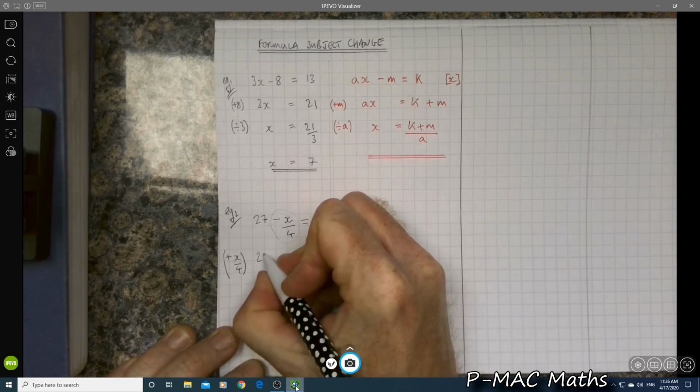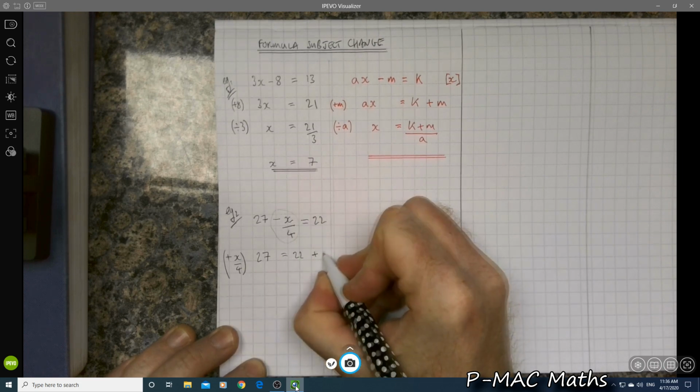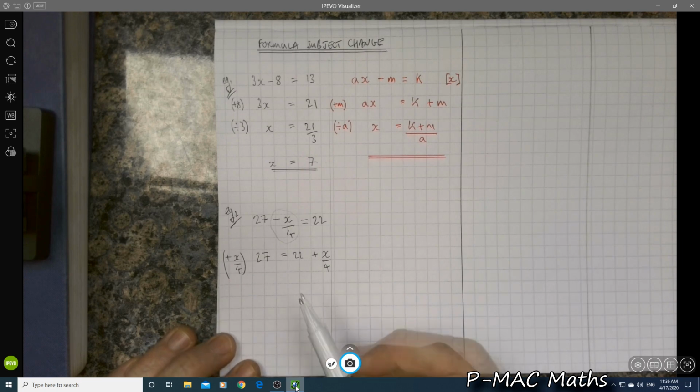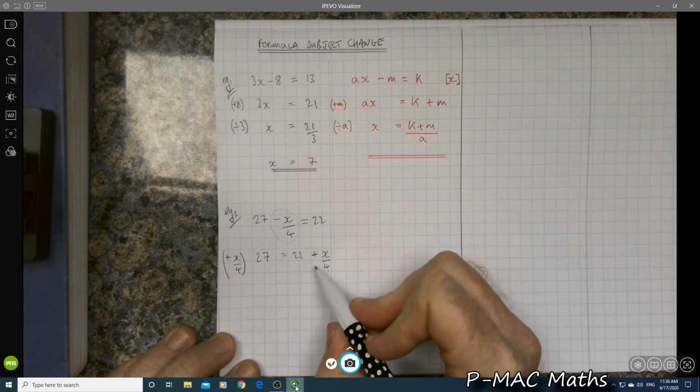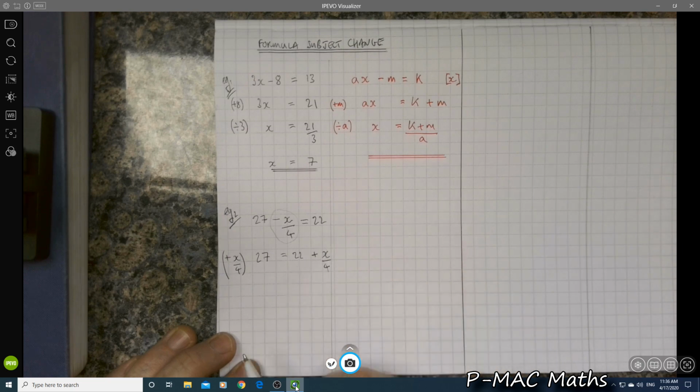So I get 27 equals 22 plus x over 4. This is now a positive x term, which is preferential for working. Now I'm going to try and get this positive x over 4 term on its own, and that means I need to get rid of this 22.